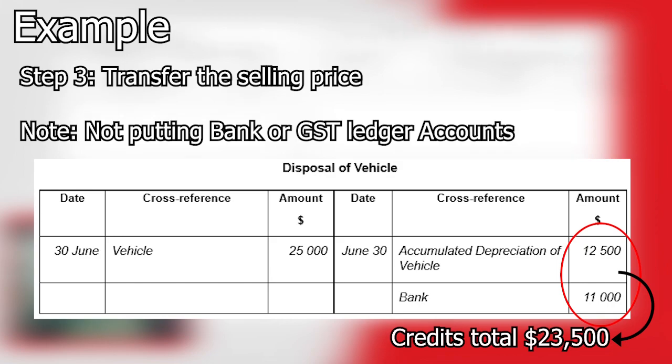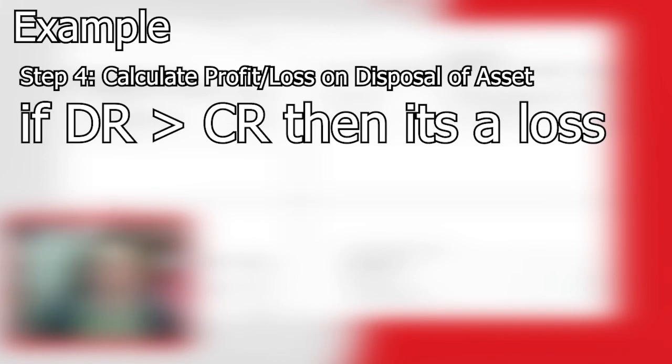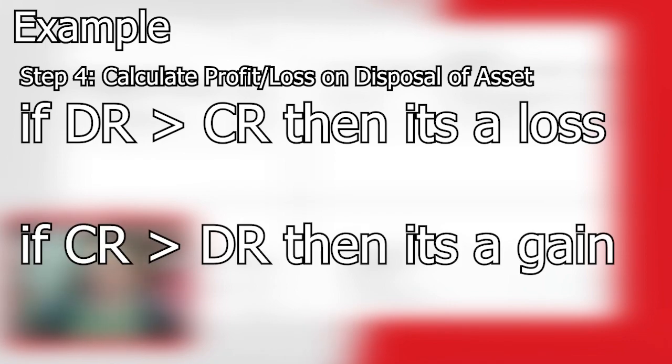So in doing that, we're now up to step 4, calculating profit or loss. Quite simply, the rule here is if the debit side is higher than the credit side, we have made a loss. If the credit side is higher than the debit side, we have made a gain. Very similar to the P&L summary. So remember, debit higher than credit, loss; credit higher than debit, profit.